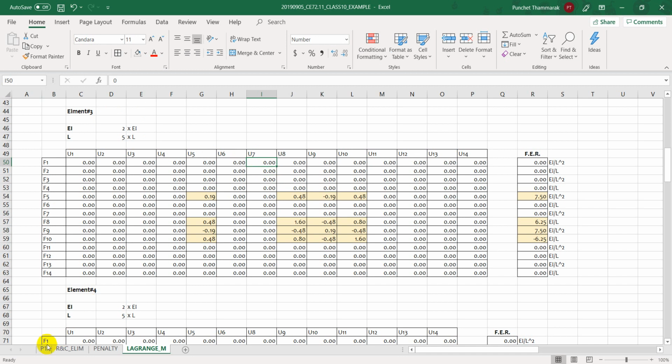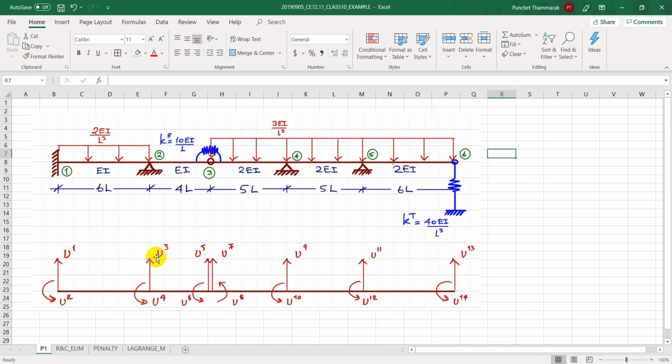Now I think for element number 3, previously we took care of it by cleaning out the U7 and then just using the U5 because it has to be the same.